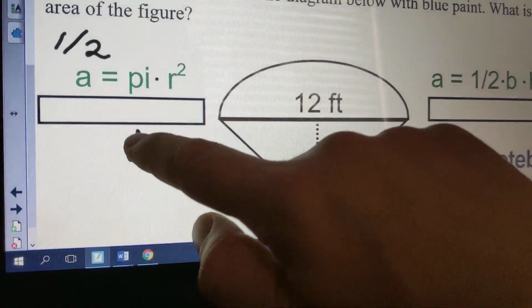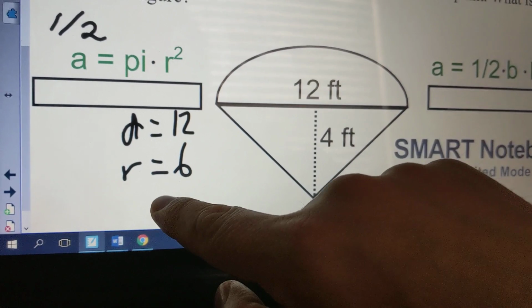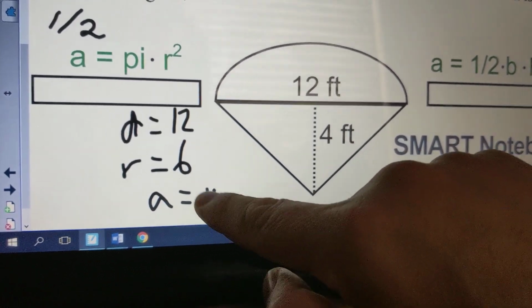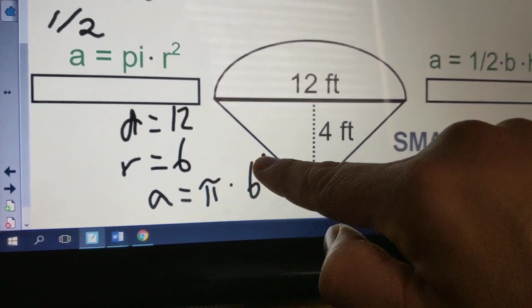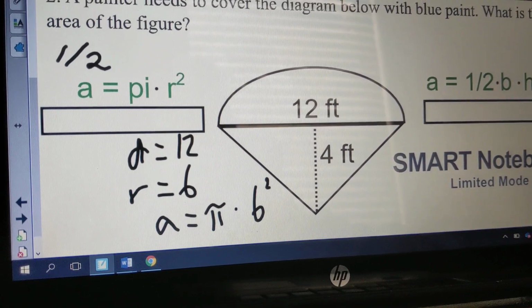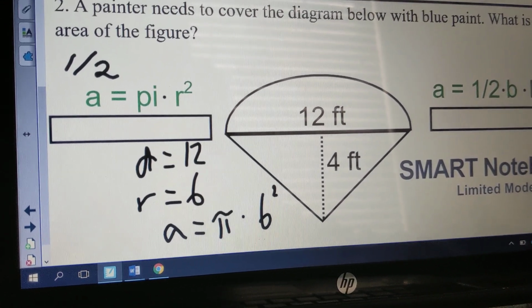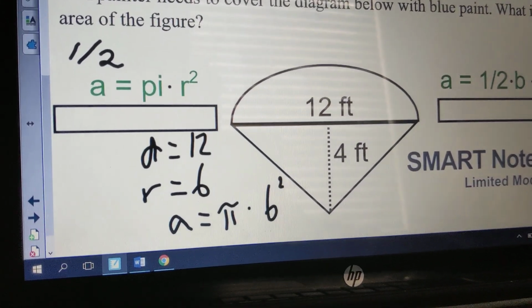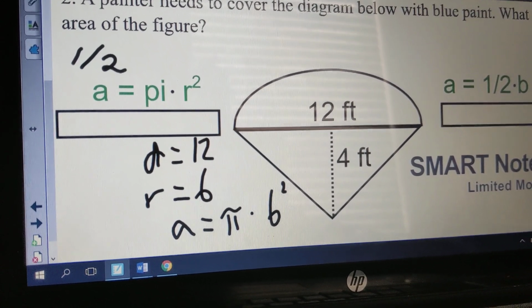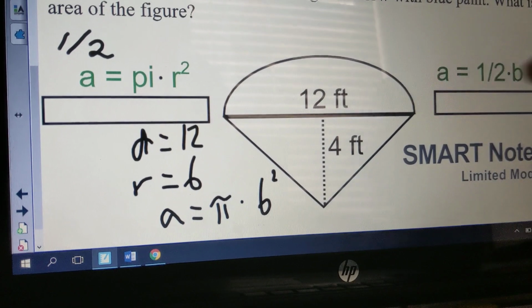So this has a diameter of 12 because it stretches all the way across, which means it has a radius of 6. So the area will be pi times 6 to the second power. So I can do 3.14 times 6 to the second power, and find an area of 113.04. But I know that that 113 would be the area of an entire circle. I only have half of a circle here.